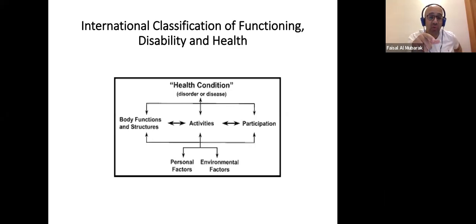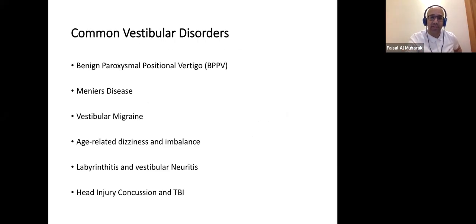Once we know the impairment, we can know what activities the patient cannot do. And because they cannot do these activities, what are the things the patient cannot participate in anymore? We also need to know the personal and environmental factors affecting that patient. So we need to look at the patient as a whole.